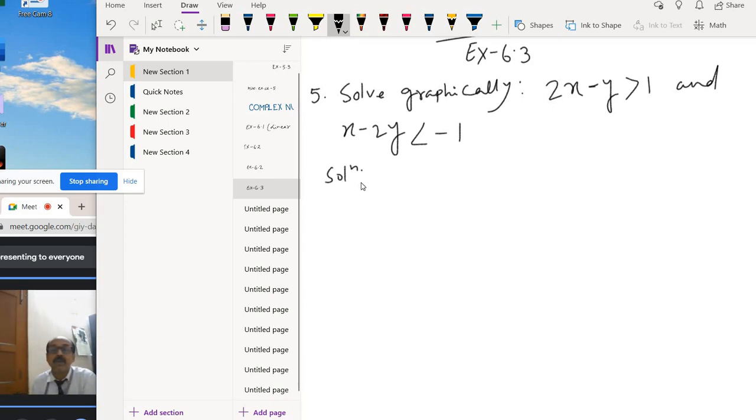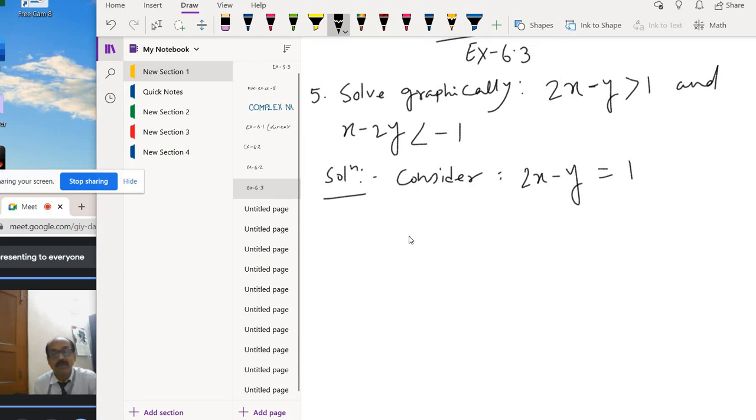So, solution: consider 2x minus y equal to 1. Now, 2x minus y equal to 1.